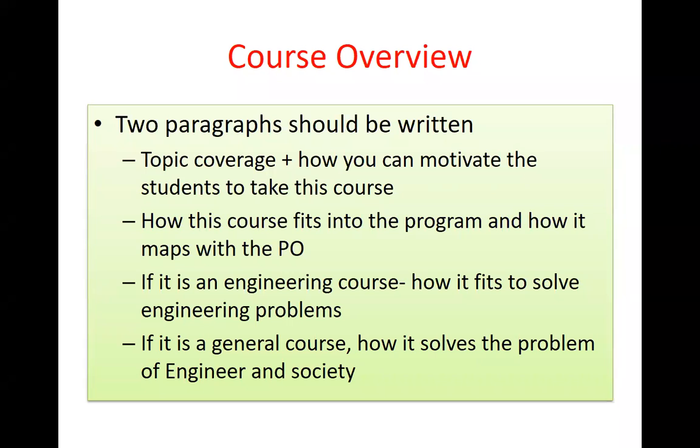So you have to specify how it maps to the program outcomes also. And if it is a general course like ethics, you have to show how it solves the problem of engineer and society. Okay, so these are the important things that you should have in mind while you write the course overview.